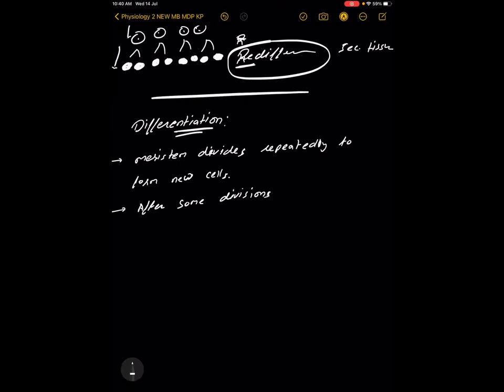So after some divisions, these cells become matured and attain their maximum size and shape.